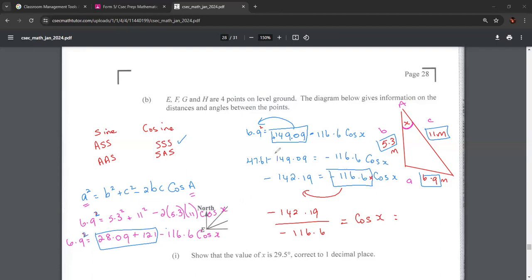So when I bring the 149 across, it becomes 47.61 minus 149.09.